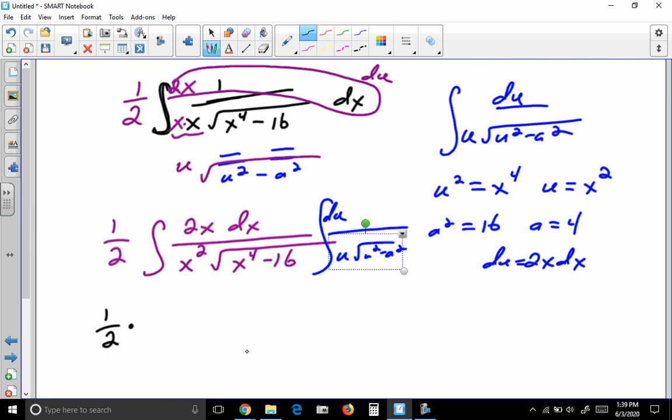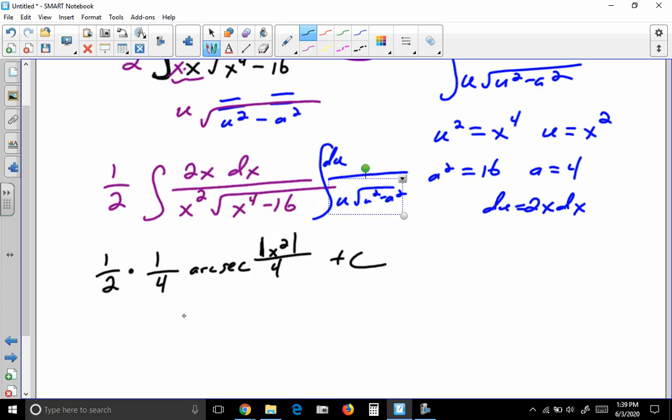And to integrate that, we need 1 over a, so 1 over 4, arcsecant, absolute value of u, over a, plus c. Since x squared is always positive, we do not have to leave that inside absolute value, so we can call that 1/8 arcsecant x squared over 4 plus c.